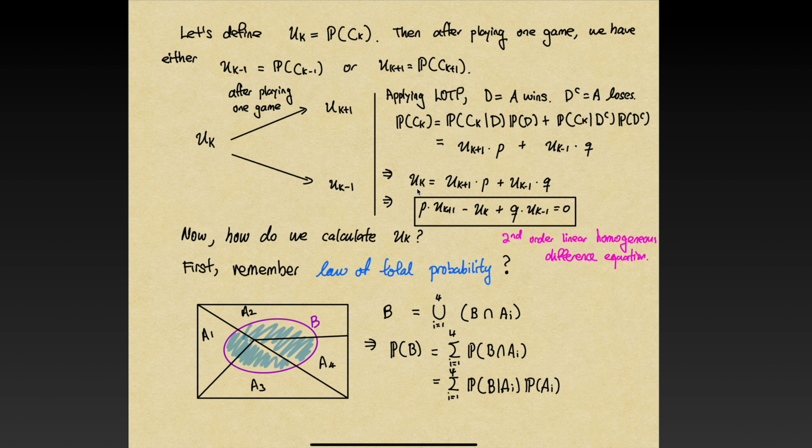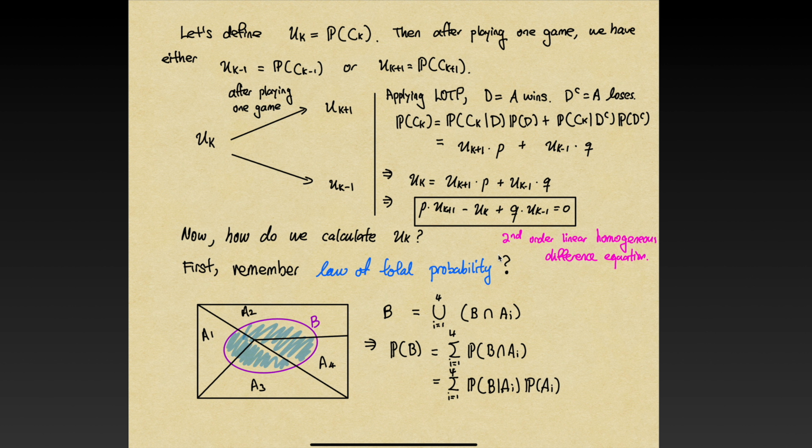So we have U of k equals U of k plus 1 times p plus U of k minus 1 times q, and then you move this to the right-hand side, we get p times U of k plus 1 minus U of k plus q times U of k minus 1 equals 0. And this is what we call a second order linear homogeneous difference equation.